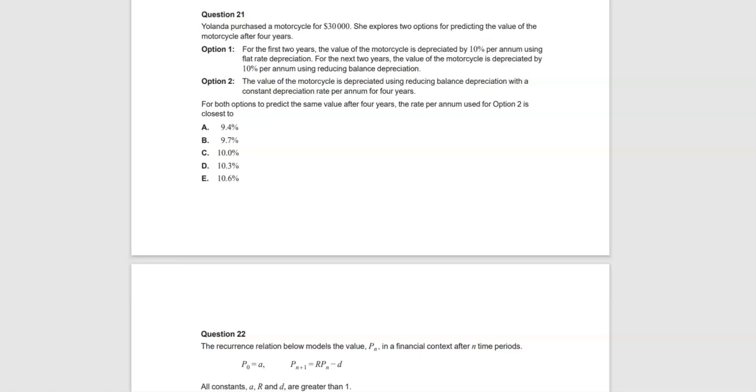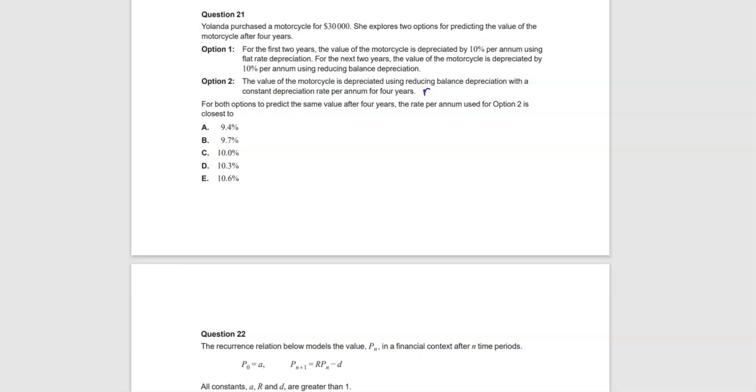So what we're missing, so if we look, we don't know what the rate in this option 2 is. That's the question. So the rate per annum in the second option is what we need.